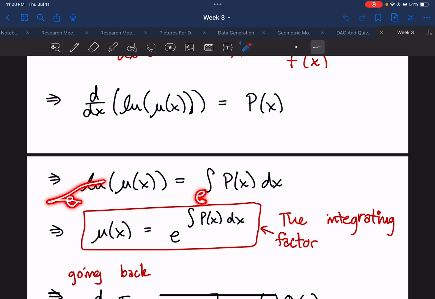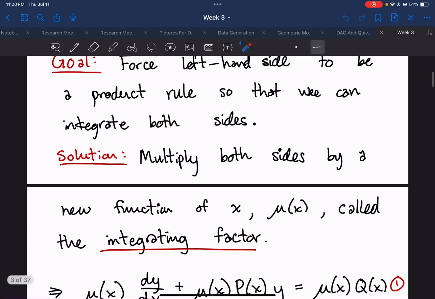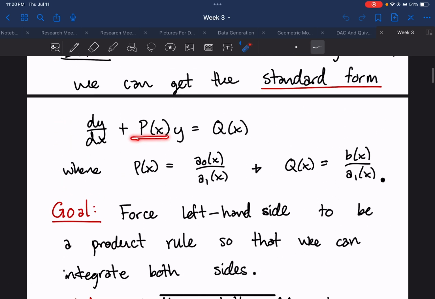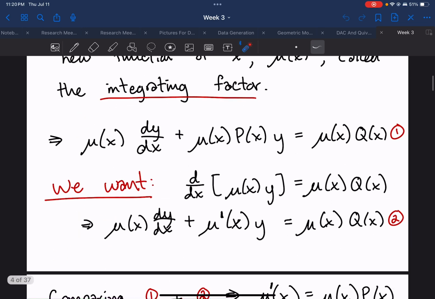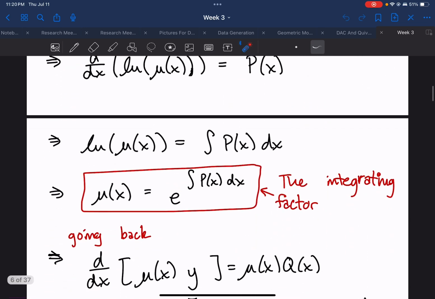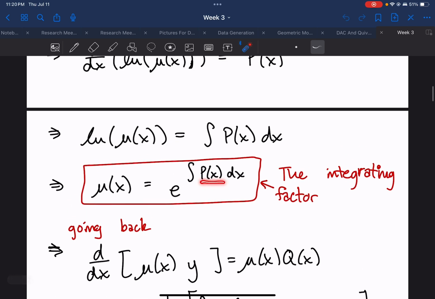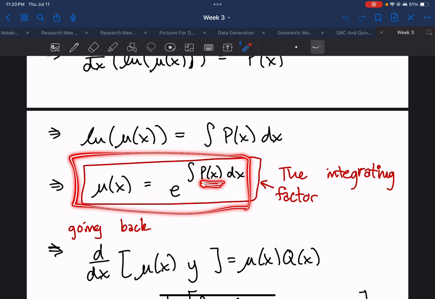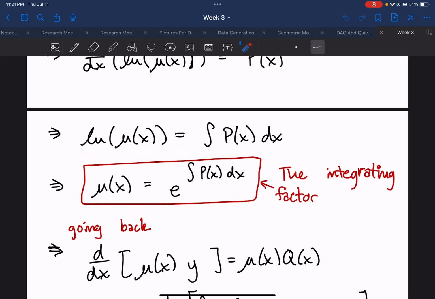That cancels the natural log, and we're left with mu of x equals e to the integral of p x dx, where this p x is the function of x out front of y. If I can find that function of x out front of y, and it's an integrable function, I can find the integrating factor, which lets us solve the linear equation.